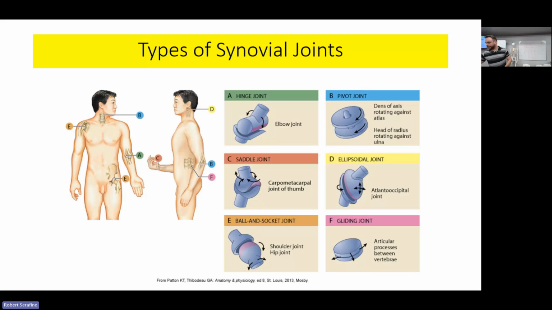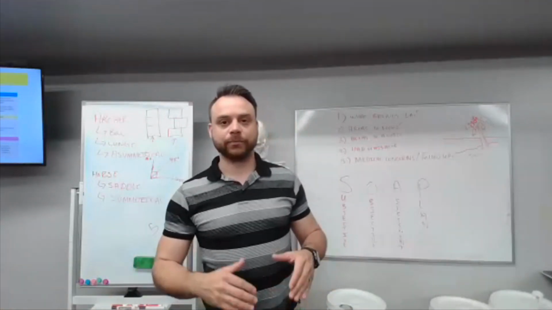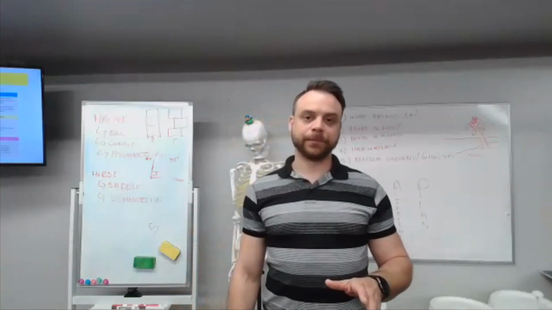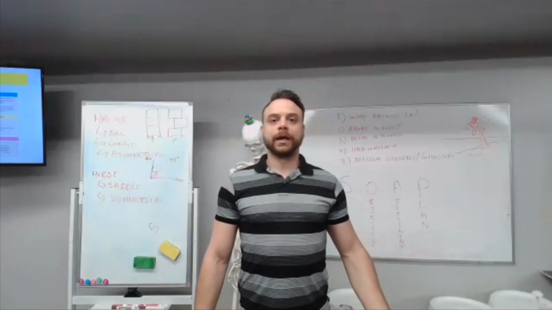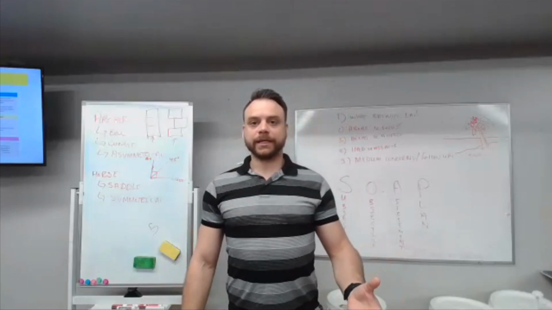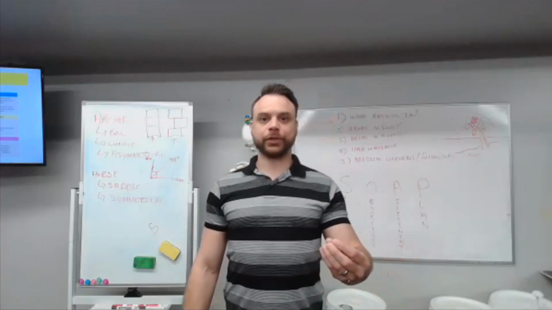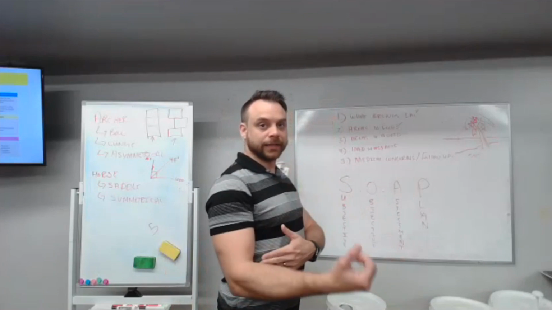Now, we will essentially tie it all together later on in the video, where we talk about how movements occur in planes and pivot around an axis, but we'll get to that point. So for the sake of convenience now, a hinge joint is a uniplanar, uniaxial joint in which we have the movements known as flexion and extension.